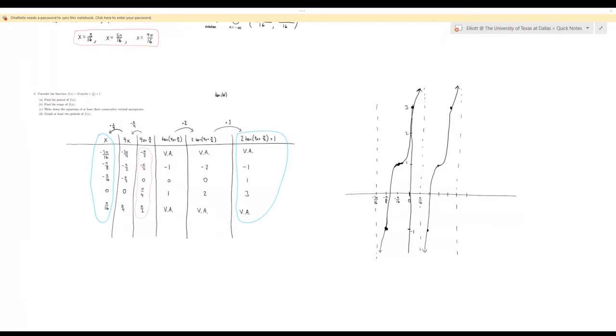For this tangent function, yes, there would be a phase shift.